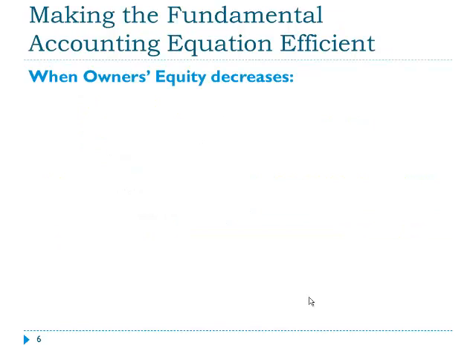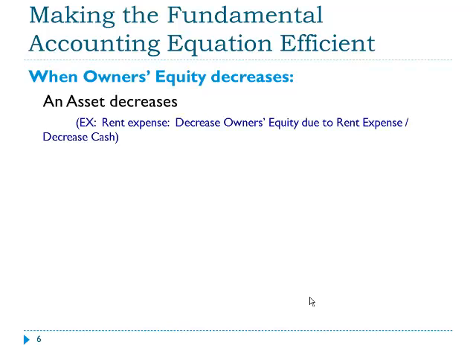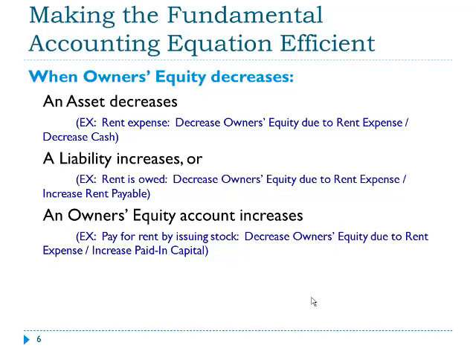When owner's equity decreases, what can happen? Well, you may not be surprised, but it's the same three items. If owner's equity goes down, then either an asset decreases, as in we might have owner's equity go down when we've got rent expense, and we pay out cash.